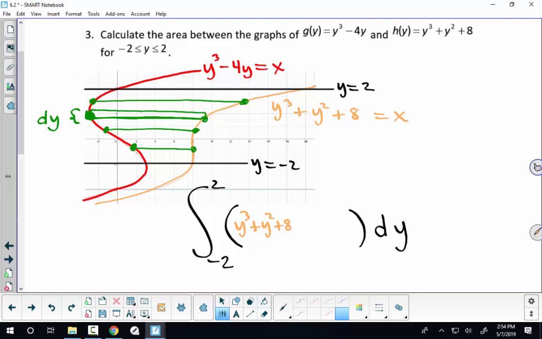So there's the right, minus the left, with respect to y. So that setup there gives us that area in terms of y, or with respect to y. Are there any questions on that?